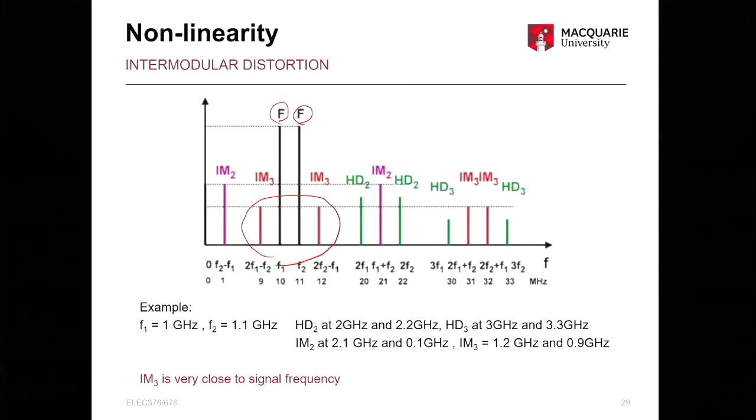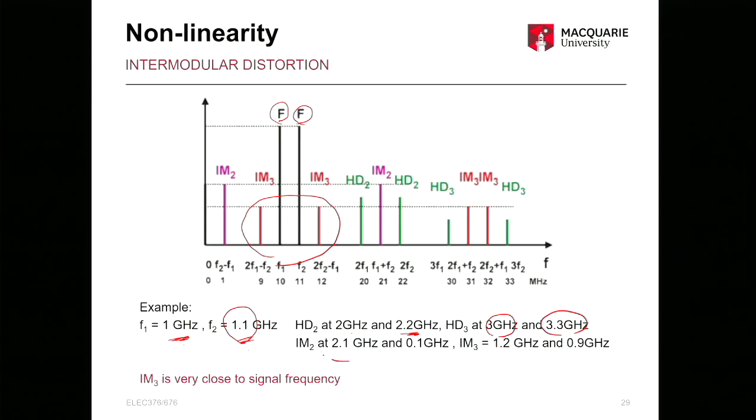So that's quite important. Here is an example of two frequencies, F1 and F2. F1 is 1 gigahertz and F2 is 1.1 gigahertz. Because of harmonics, you will have 2 gigahertz, the second harmonic of 1 gigahertz, then 2.2 gigahertz, the second harmonic of the second frequency, and again the third harmonics of each frequency.